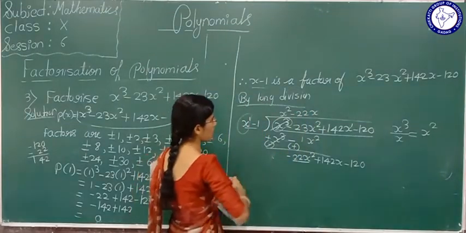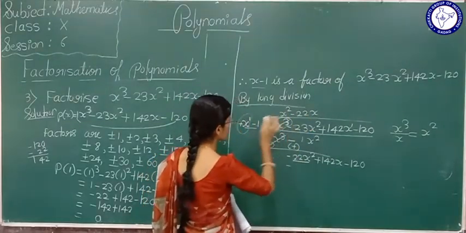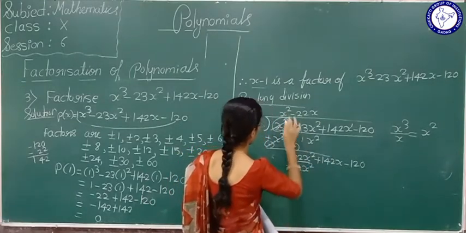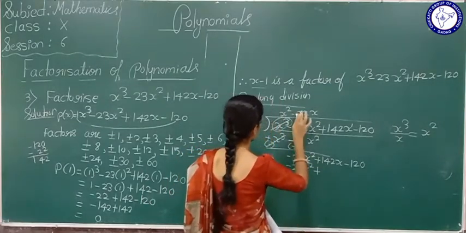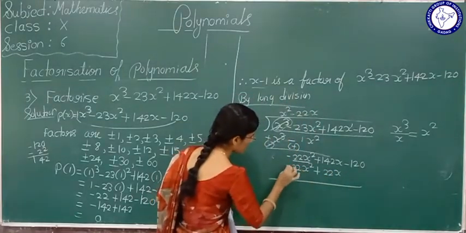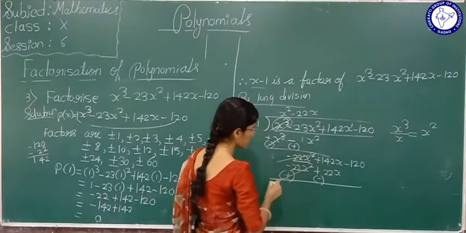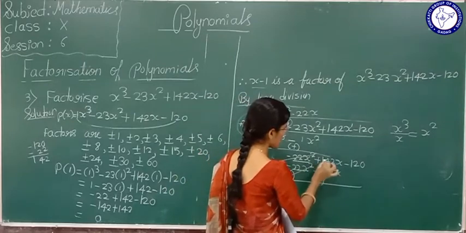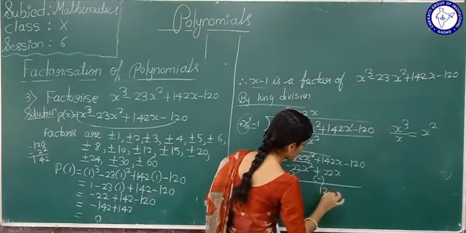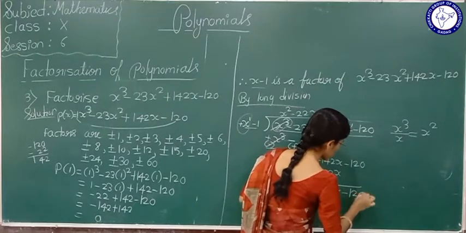Minus 22 into x, here one more x is there, it will become x square. Minus 22x into minus 1 is plus 22x. Here minus is there so plus, here plus is there so minus. Minus 22x square plus 22x square gets cancelled. What is 142 plus 22? It will be 120x, plus 120x minus 120.